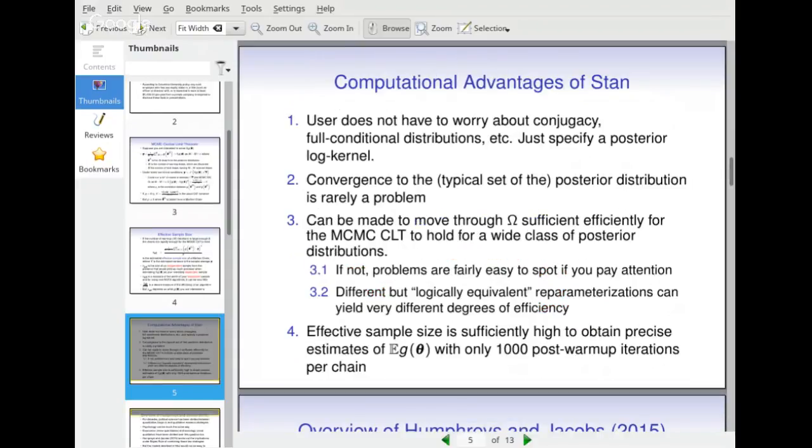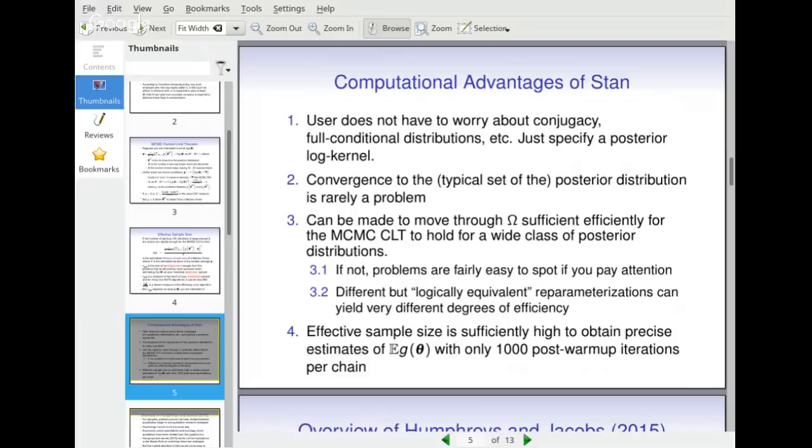So we're going to use Stan starting next week, but not actually write Stan code until April. But while we're using Stan kind of indirectly, it's important to understand the advantages of it.